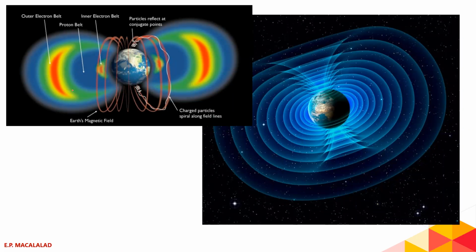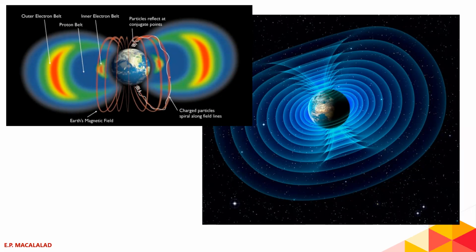So we have two electron belts, the outer electron belt and the inner electron belt, and in between them, we have your proton belt. This is precisely because of the three invariant motions, or three adiabatic invariants, of your charged particle in the geomagnetic field. So you have your drift, your bounce, and your gyro motion.